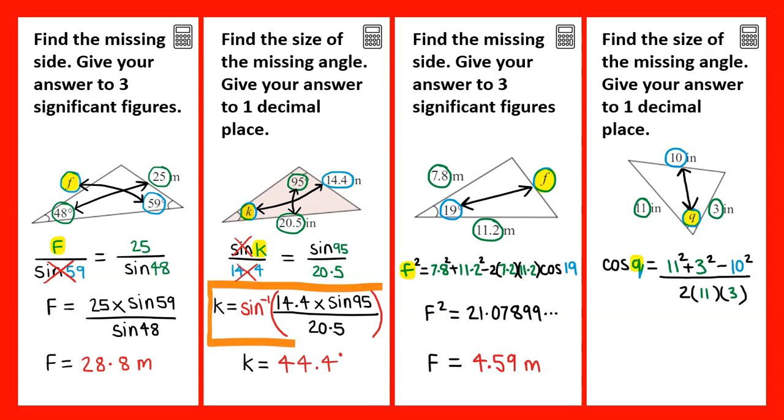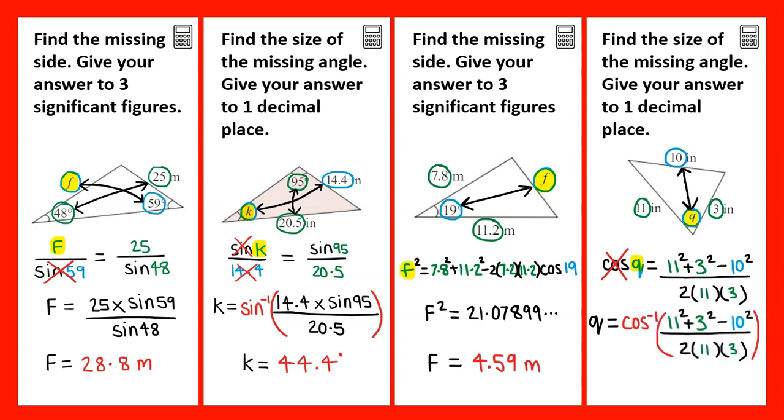As we did previously with the question that involved sine of K, we can use the inverse sine function to work out K. So in this case, we can use the inverse cos function to work out Q. Q would be equal to shift cos, which gives us the inverse function cos to the negative 1 of the calculation, gives me a value for Q of 63.0 degrees to 1 decimal place.